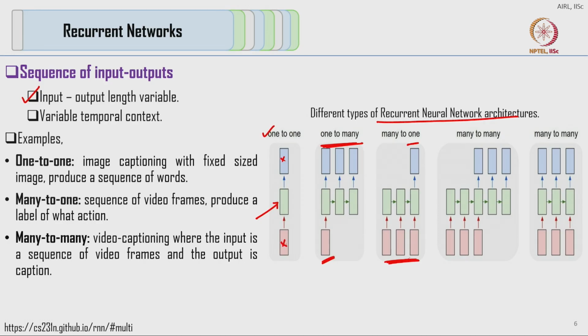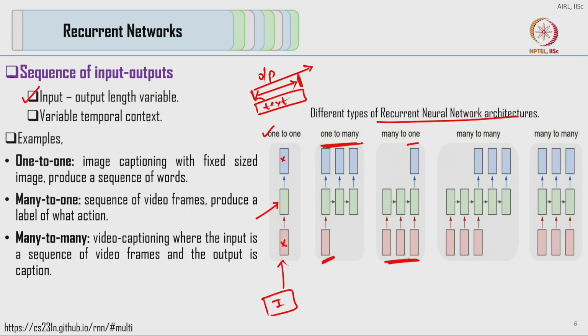Some of the examples of one-to-one are where we have an image and we want to generate a caption for the image. So, we would have a text description for an image, and this text description can vary according to the image, which is why the temporal context of the output could be variable.